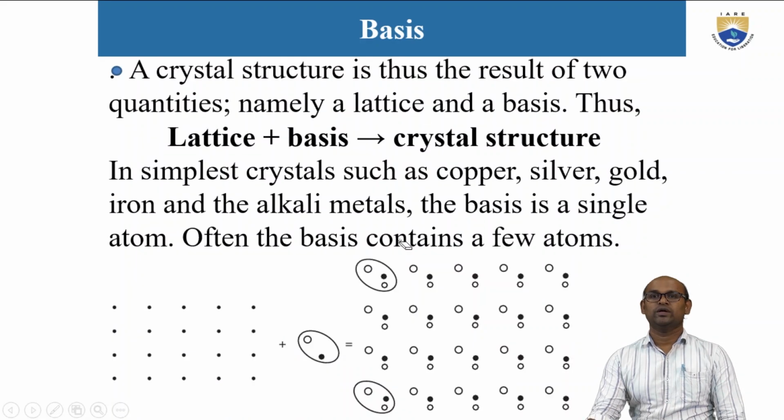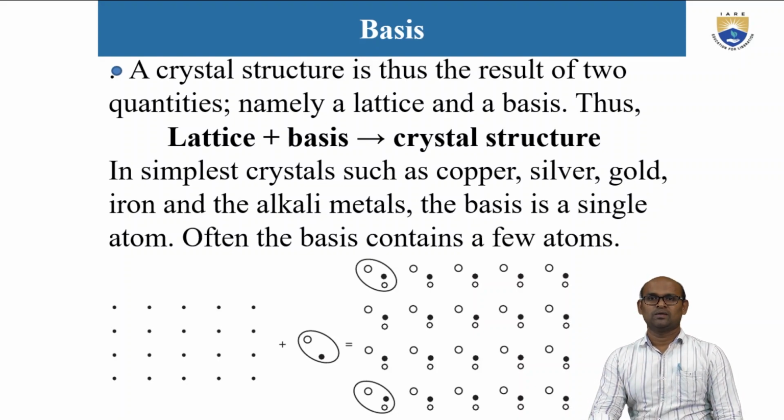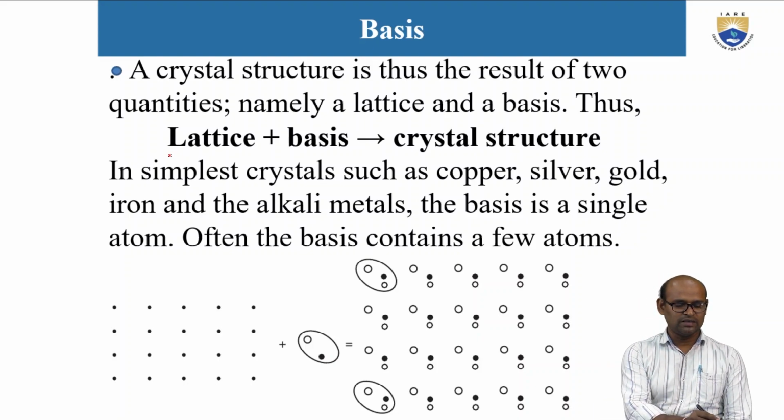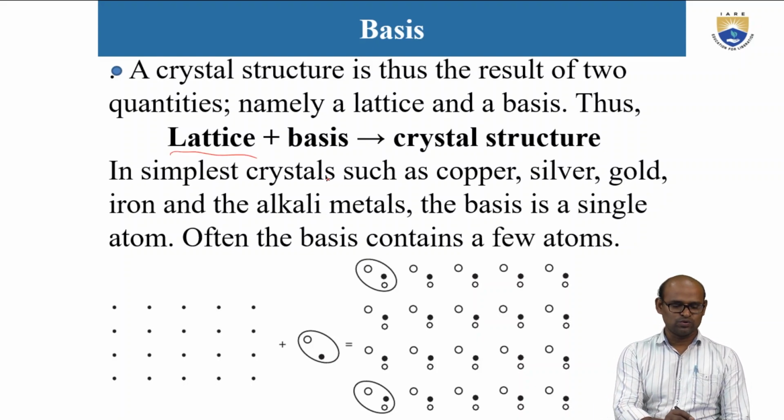A crystal structure is thus the result of two quantities, namely a lattice and a basis. First we generate a space lattice by using translation repeatedly in 3 dimensions. Once we have generated the space lattice, we attach a single atom or a group of atoms to each lattice point, and that is called the basis.